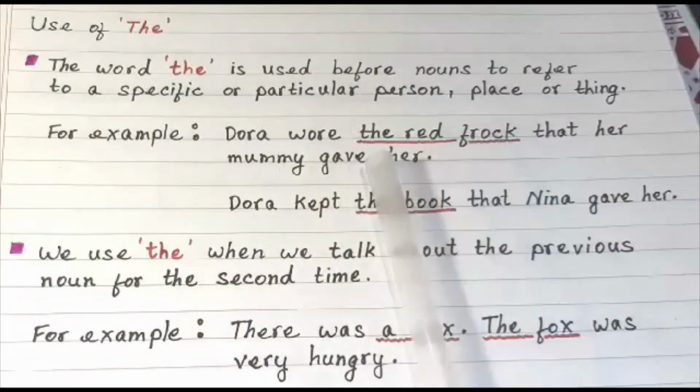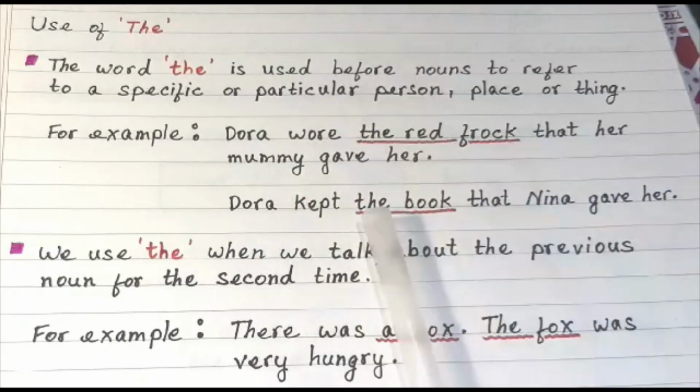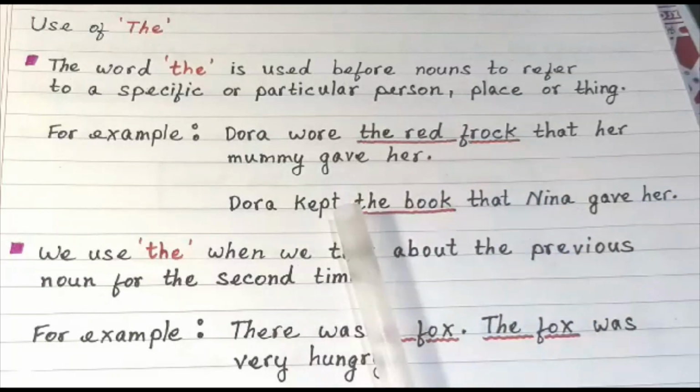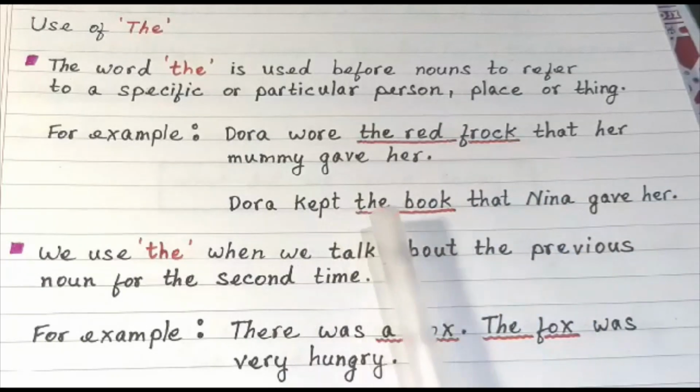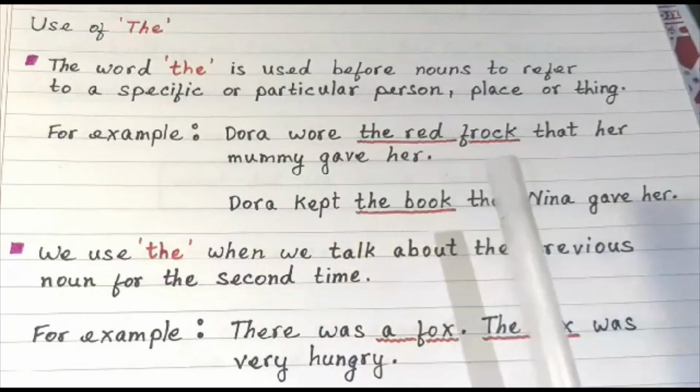In this sentence, the red frock refers to the particular frock that Dora's mummy gave her. Let's look at another sentence. Dora kept the book that Nina gave her. Here, the book refers to the specific book that Nina handed to Dora. Clear?